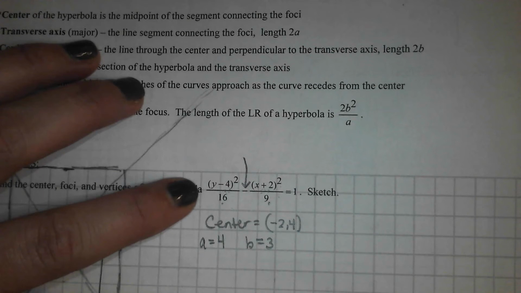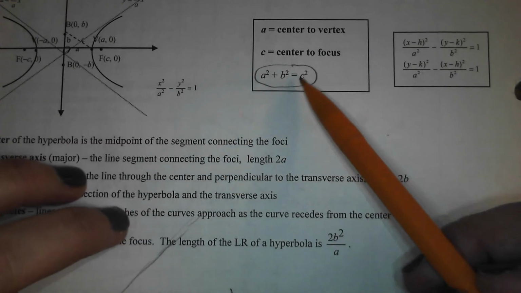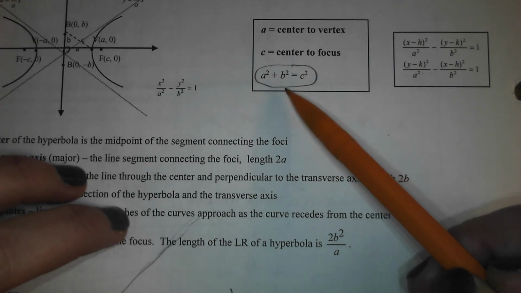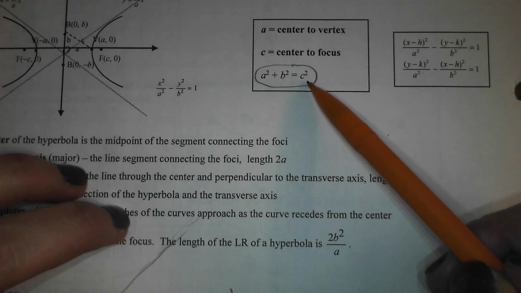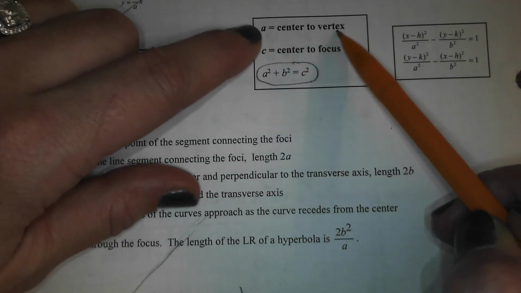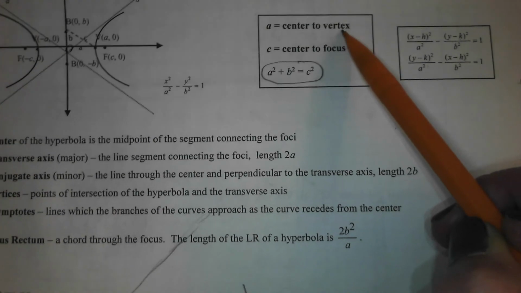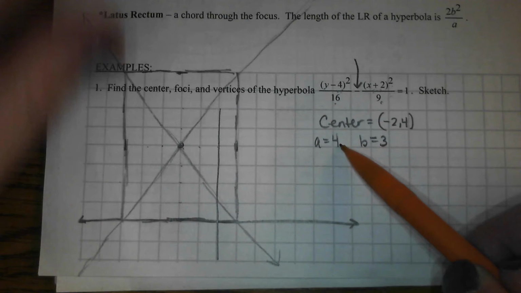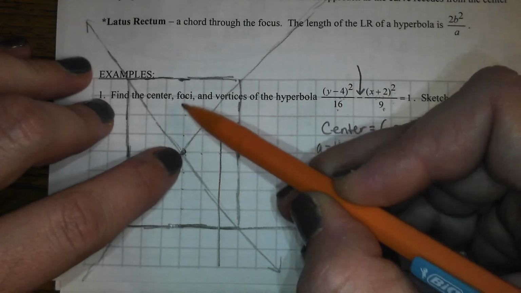And just like there was with ellipses, there's this equation, and this one truly is the Pythagorean theorem. A squared plus B squared equals C squared. A is the center to a vertex. So A was, what did we say? 4. And we stretched that in the y direction.